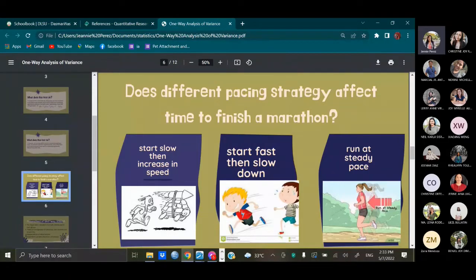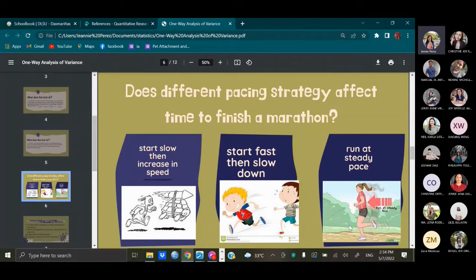One group would be assigned to a pace where they would start slow, then increase in speed. The other group would start fast, then slow down at the later part. And the other group would run at a steady pace.